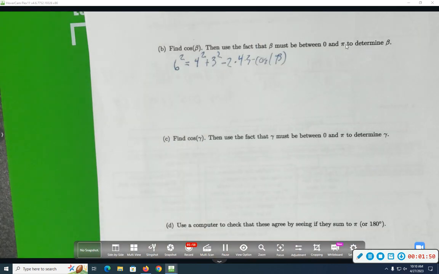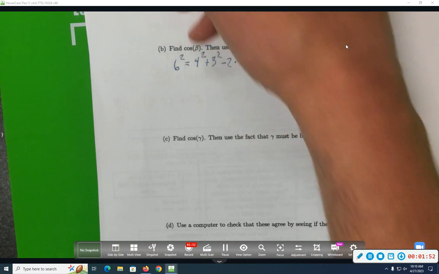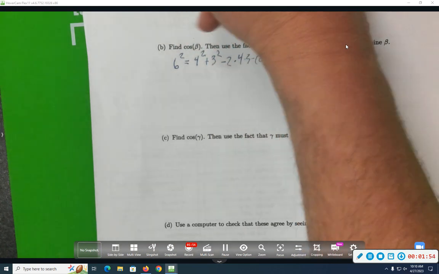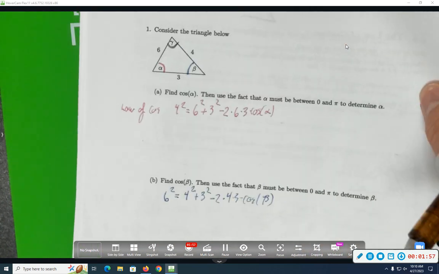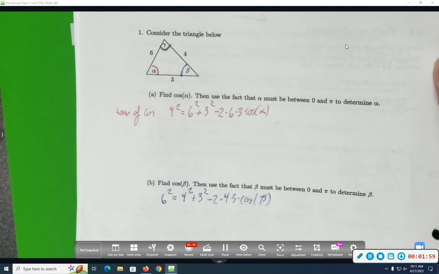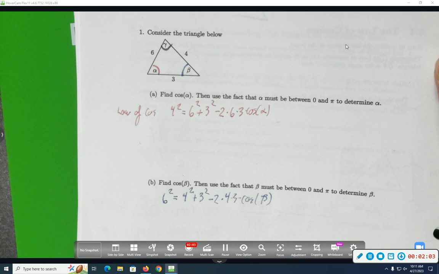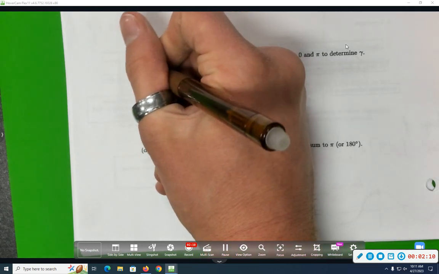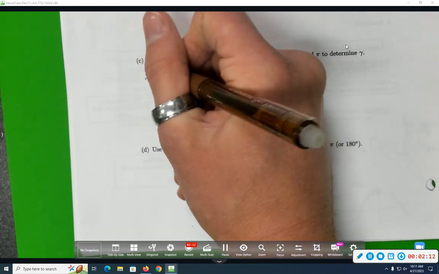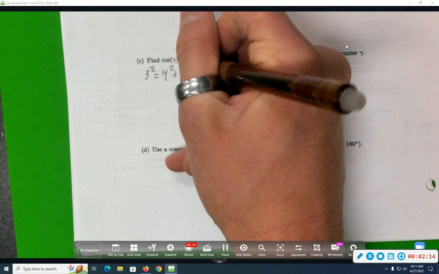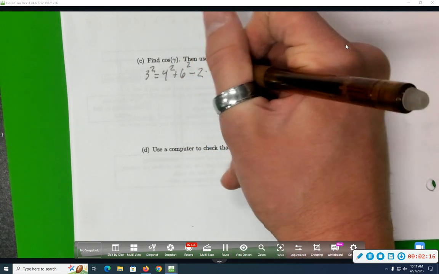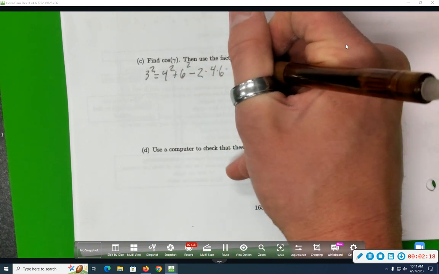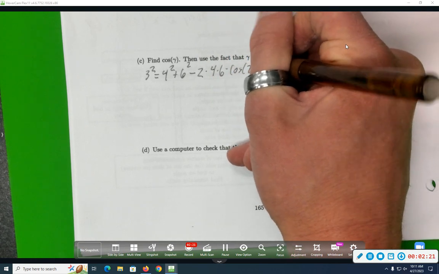I can do this color coding in a reasonable way. What if I try to do the same thing at gamma? What equation would I write down then? Yeah. 3 squared is equal to 4 squared plus 6 squared minus 2 times 4 times 6 times the cosine of gamma. Nice.